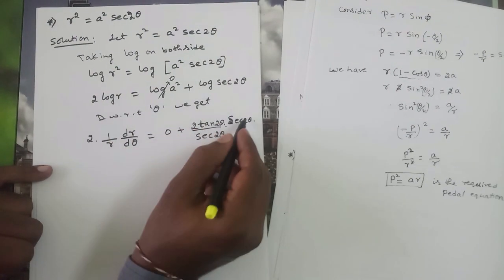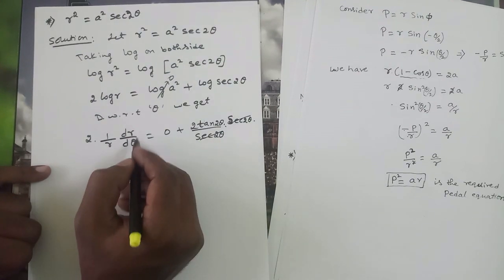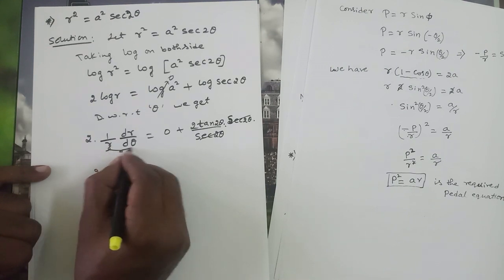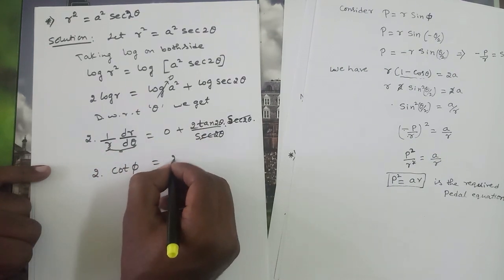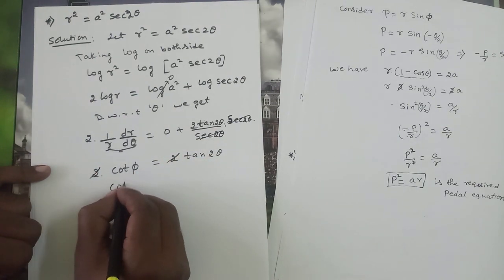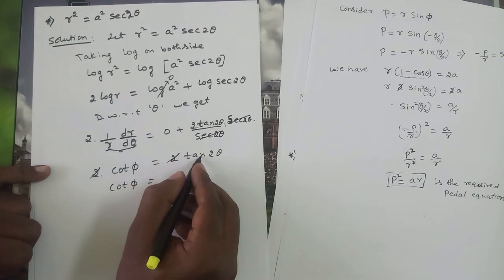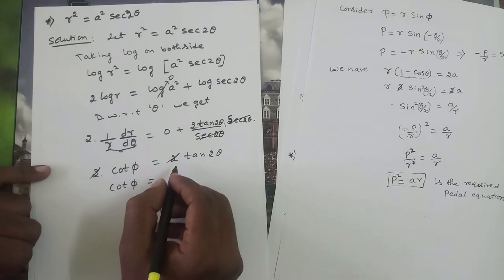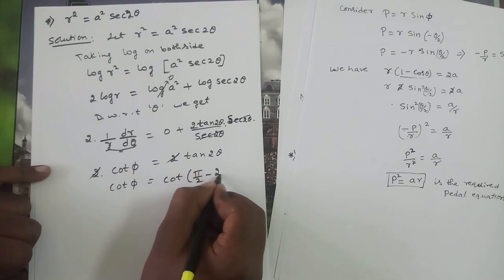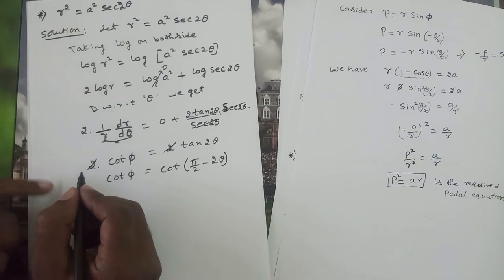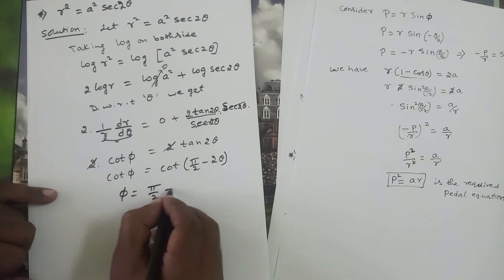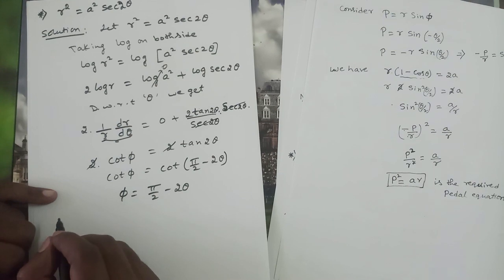So secant 2 theta gets cancelled, so 2 into cot phi equals 2 tan 2 theta. The 2 will get cancelled, so cot phi equals tan 2 theta. Converting it into cot, this can be written as cot of pi by 2 minus 2 theta. So phi is equal to pi by 2 minus 2 theta.